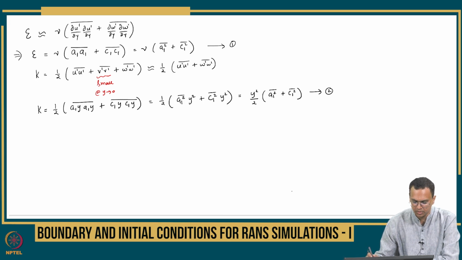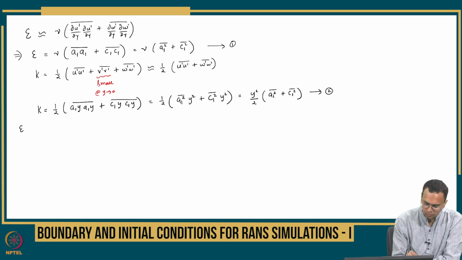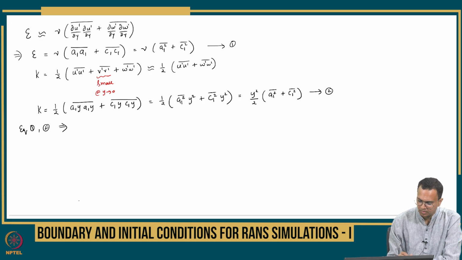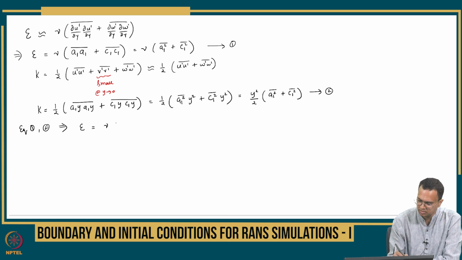So the epsilon boundary condition here will be, if I make use of equation 1 and 2, equation 1 comma 2 gives me essentially epsilon is equal to nu times this a1 square plus c1 square bar, that particular term can be replaced by 2k by y square.